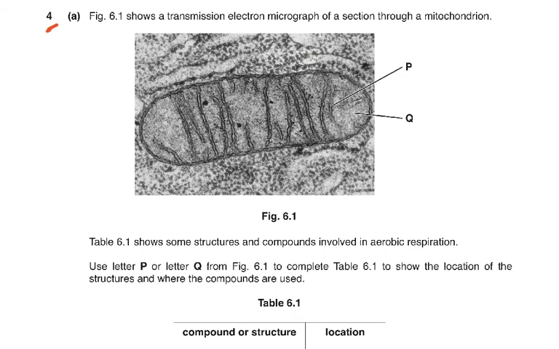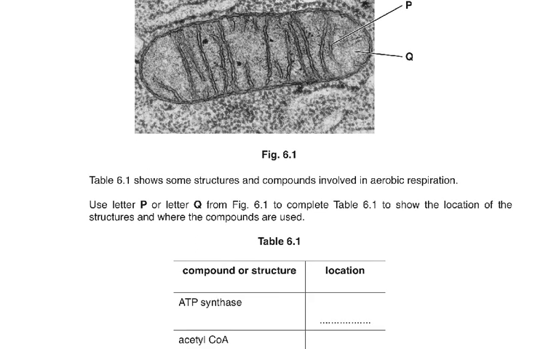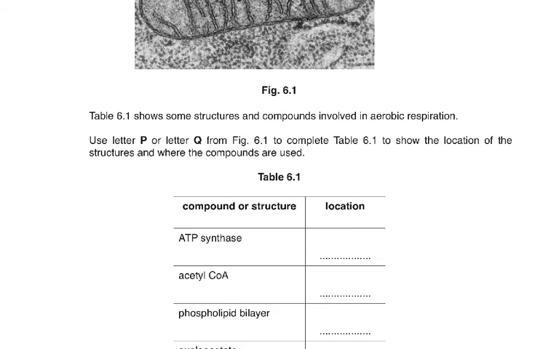And question 4, figure 6.1 shows a transmission electron micrograph section through the mitochondria. Table 6.1 shows some structures and compounds involved in aerobic respiration. Use the letter P or the letter Q from figure 6.1 to complete table 6.1 to show the location of the structures and where the compounds are used. So ATP synthase, what is its location?